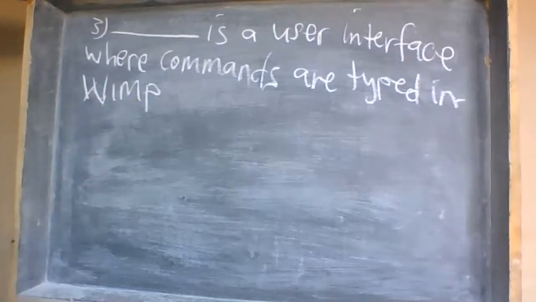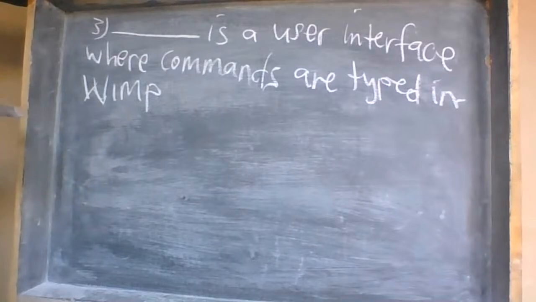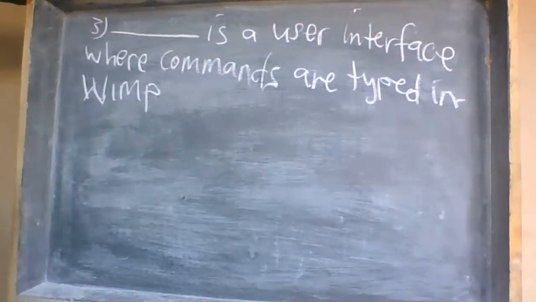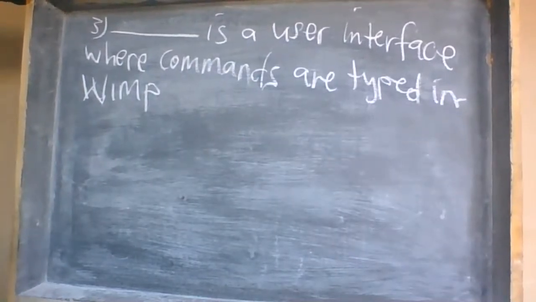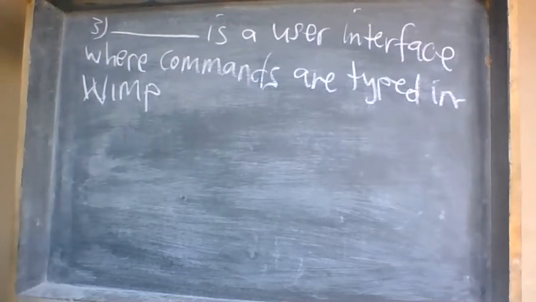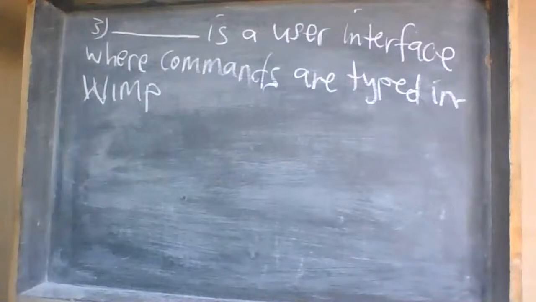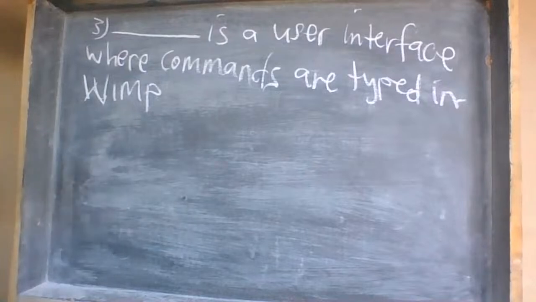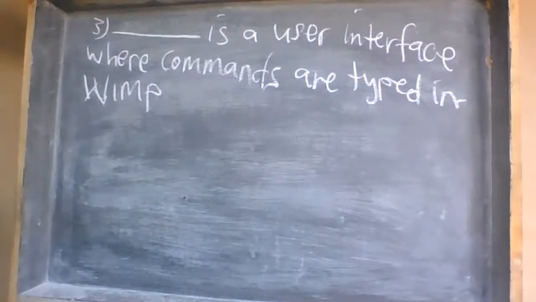Now that is the first type of interface, the graphical user interface. The other interface is called the command line user interface. When computers were invented, this command line user interface was the one mostly used to communicate with the computer by using codes of text.